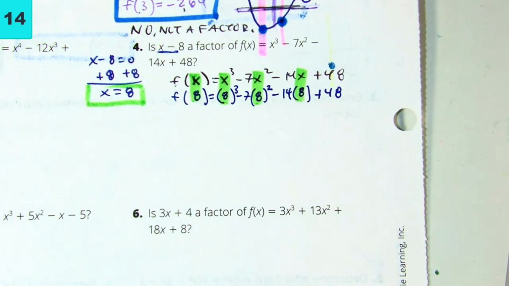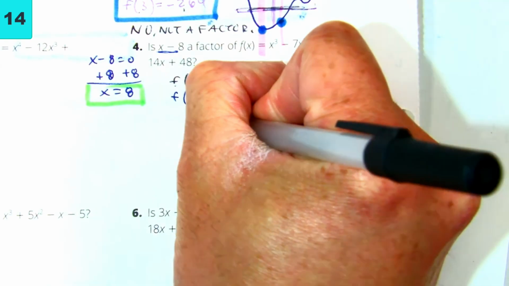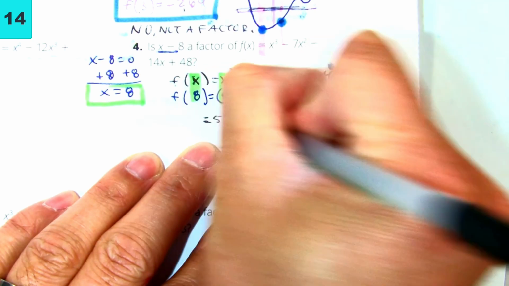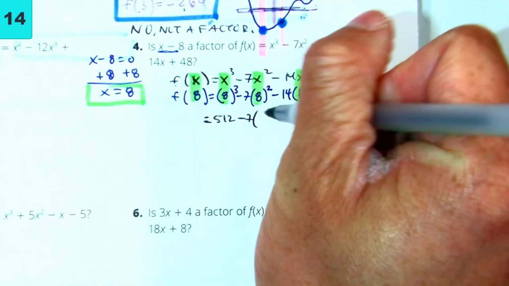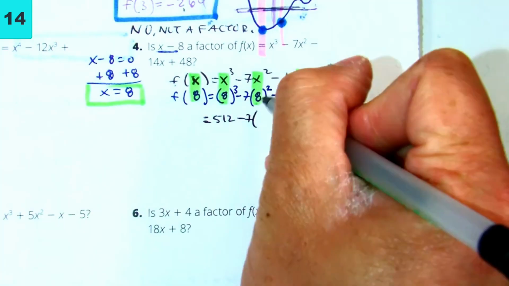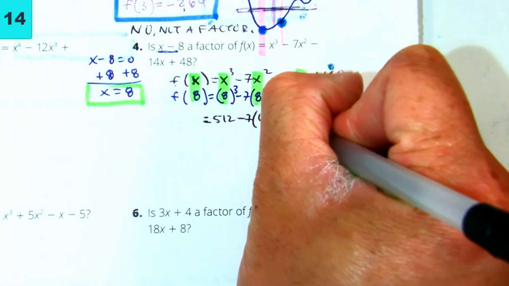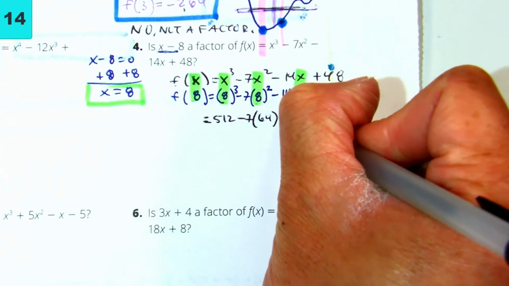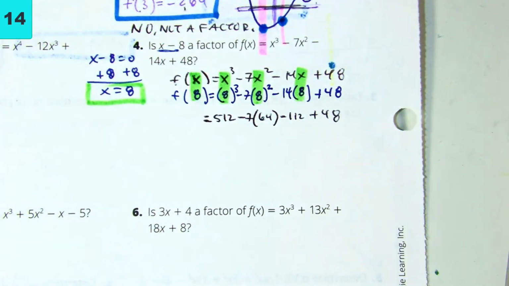8 to the 3rd power. 8 squared. Just 8 squared. Negative 14 times 8. Thank you, Arul. Brian, did you come back?